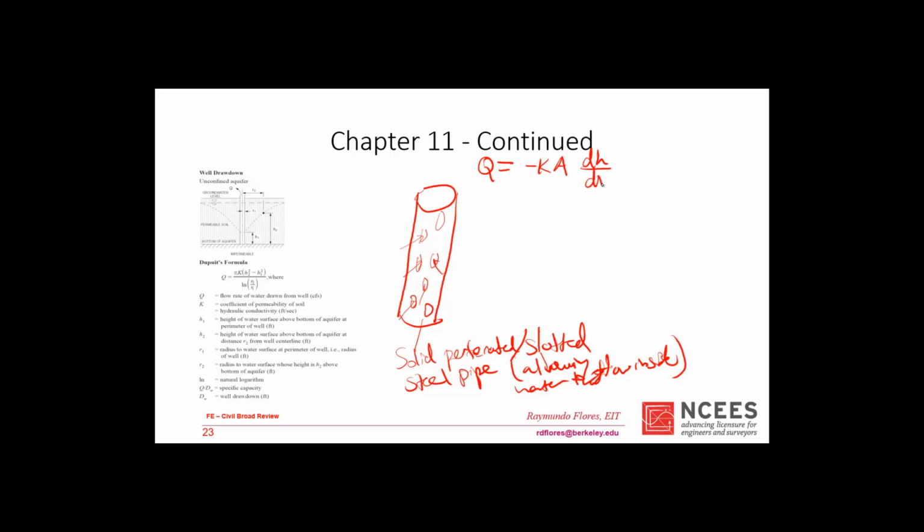By the way, we're going to transform this, as we were starting to do, to Q of R equals minus K, because K is a constant no matter what, times A of R times dH of R divided by dr. You don't need to do anything fancy; it's just a different formulation, different dimensions, to explain the same problem. As long as you know that A is a function of R, which depends on a circular dimension, we're good.